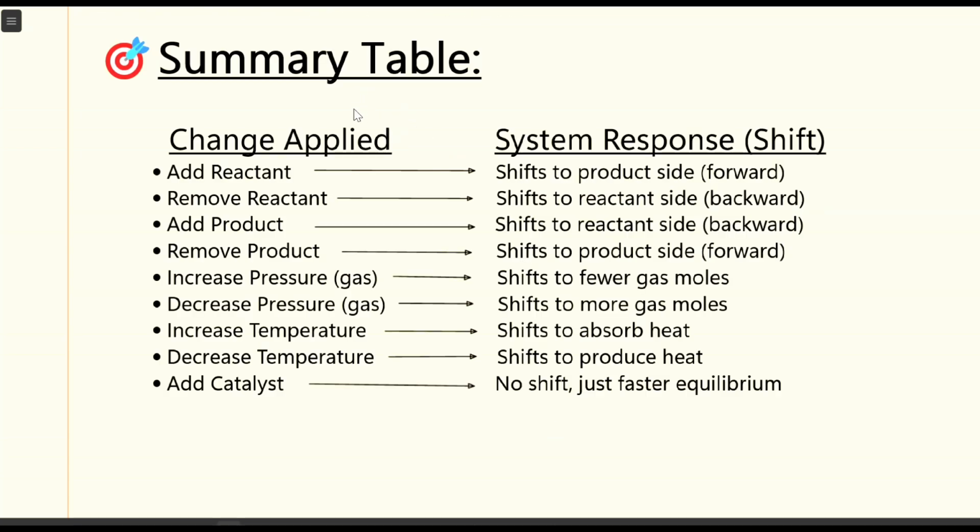Okay, so this is the summary table. If you understand this summary table, you have understood Le Chatelier's principle. You can see the change applied, and the consequence, that is, the system response or shift, in which direction the equilibrium will shift. If a reactant is added, the equilibrium will shift to the product side, that is forward.